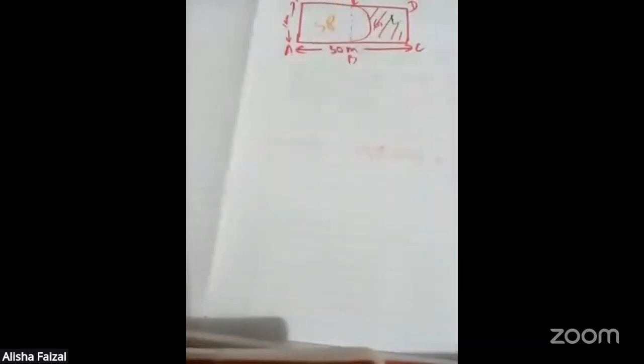Right. Now we'll read the question. Find the radius of the semicircular portion. Children, tell me what is the radius? Just guess and tell me the answer. What do you think the radius is? Can you see what I have written, or should I write it larger?